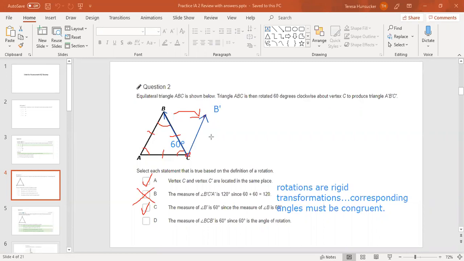Every point on the pre-image is mapped onto the image through a rotation of 60 degrees. So angle BCB prime would also be 60 degrees. So that answer is correct as well.